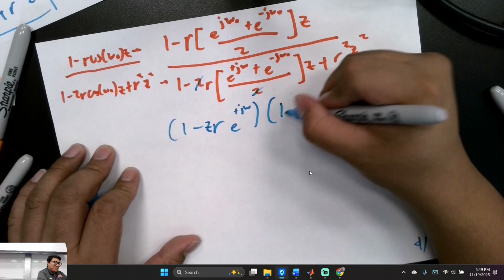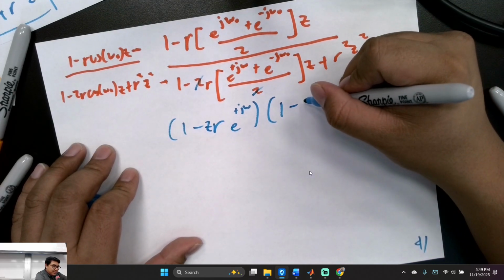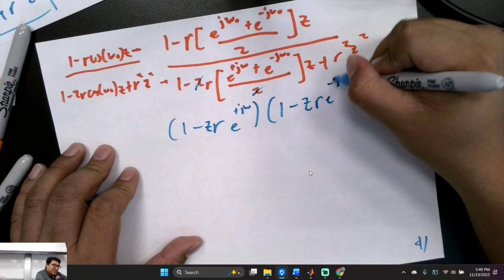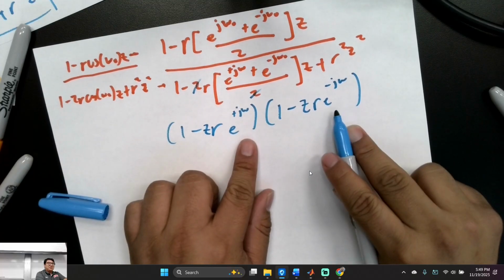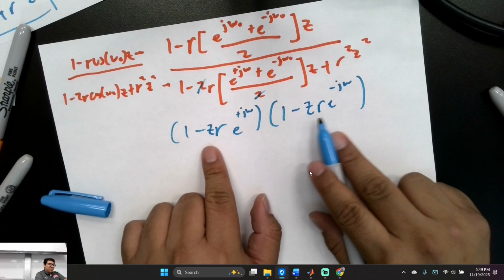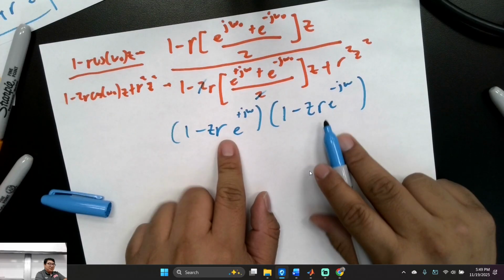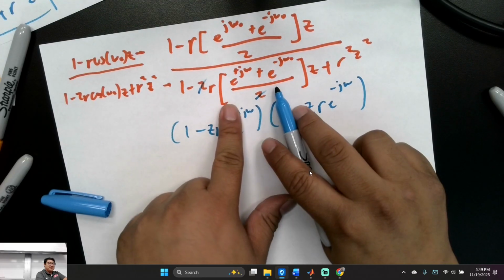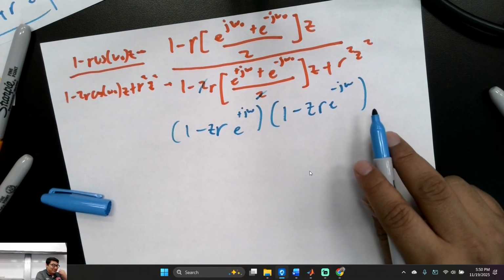Z, there we go. 1 minus z r e to the minus j omega. We got our positive frequency, negative frequency. They cancel out when we multiply them, right? When you multiply these two together, they give you that z squared, r squared, right? And then when you add these two together, you just get this middle part. Making sense, everybody? Not that bad?